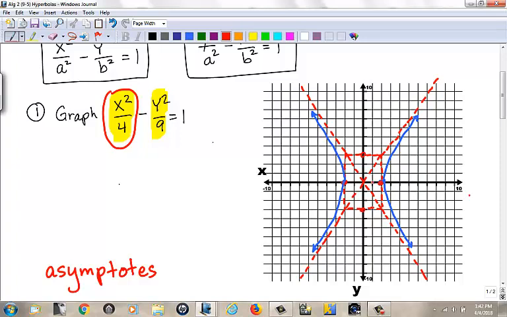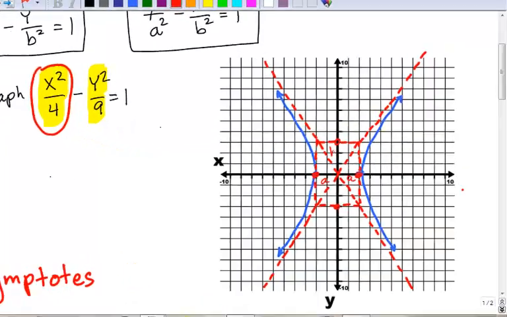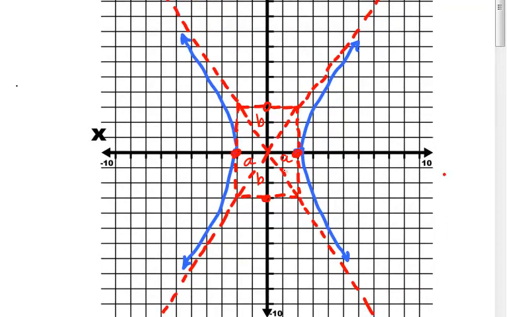Label this; I need to write that smaller. This would be the A, and the B. The transverse axis has to have the vertex on it. This is the vertex, where the hyperbola is. So that's your 2A and your 2B.